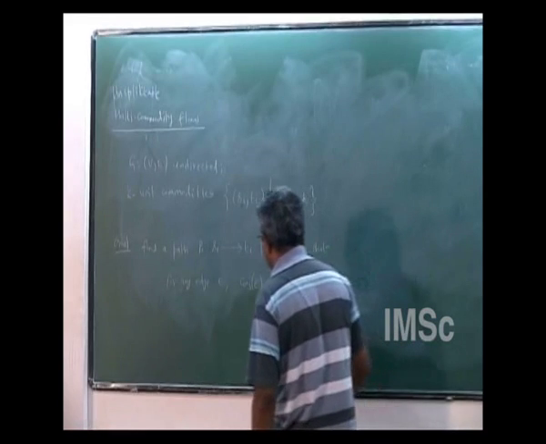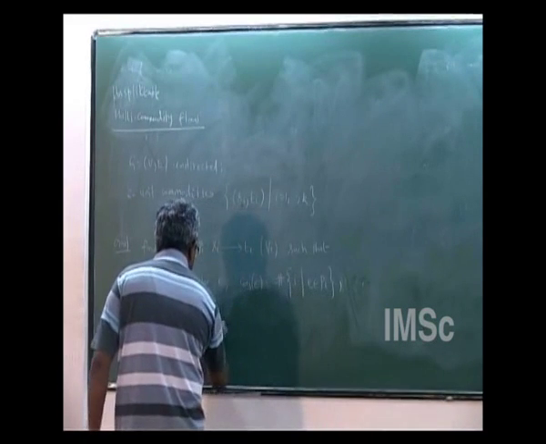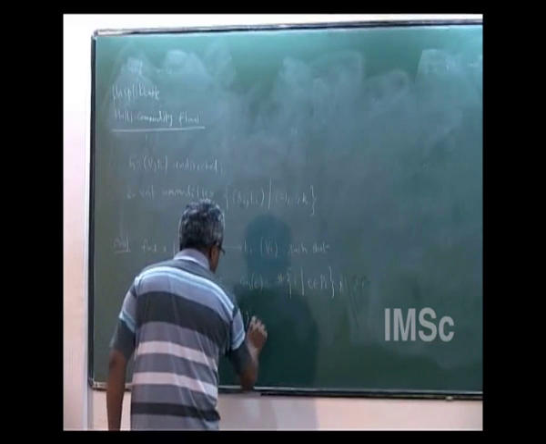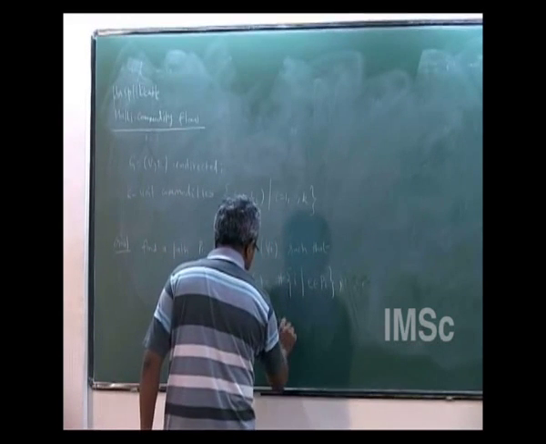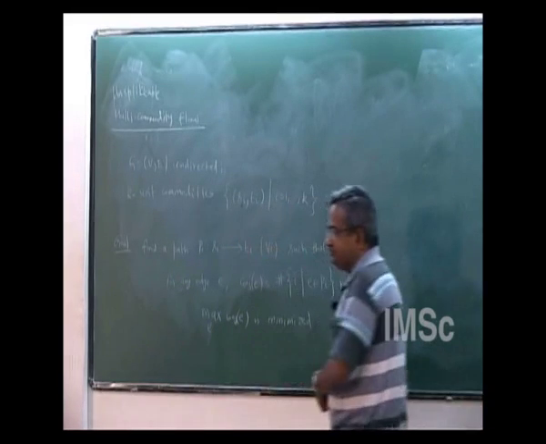For any edge E, you define it in this way, then the maximum over all E of the congestion of E is minimized. This is what you want to achieve.